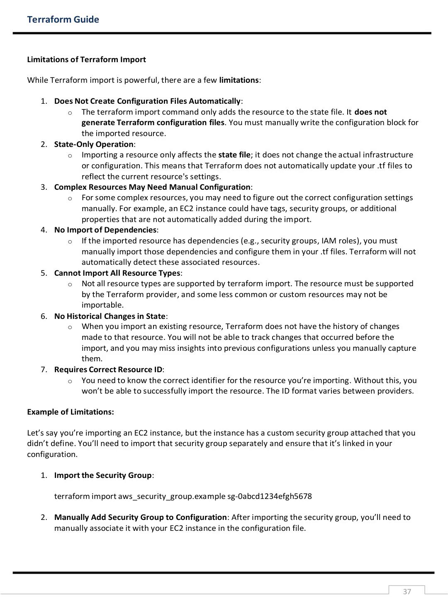Import the security group: terraform import aws_security_group.example sg-0a1b2c3d4e55678. 2. Manually add the security group to the configuration. After importing the security group, you'll need to manually associate it with your EC2 instance in the configuration file.